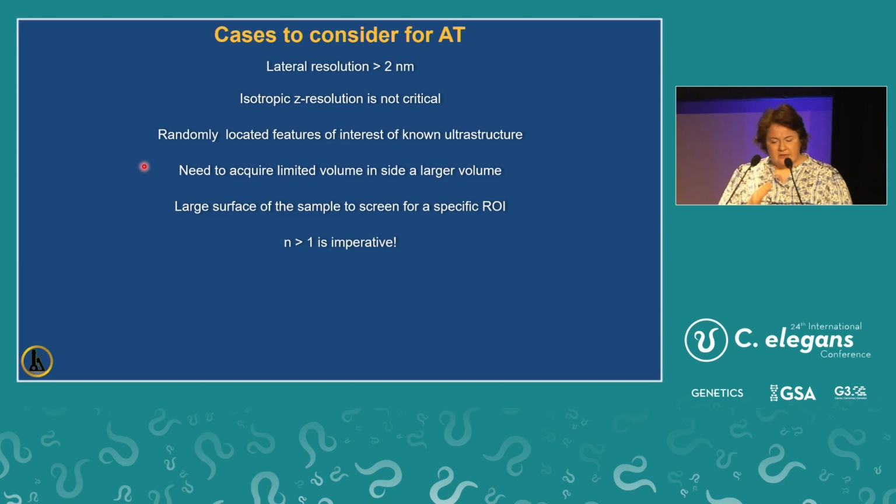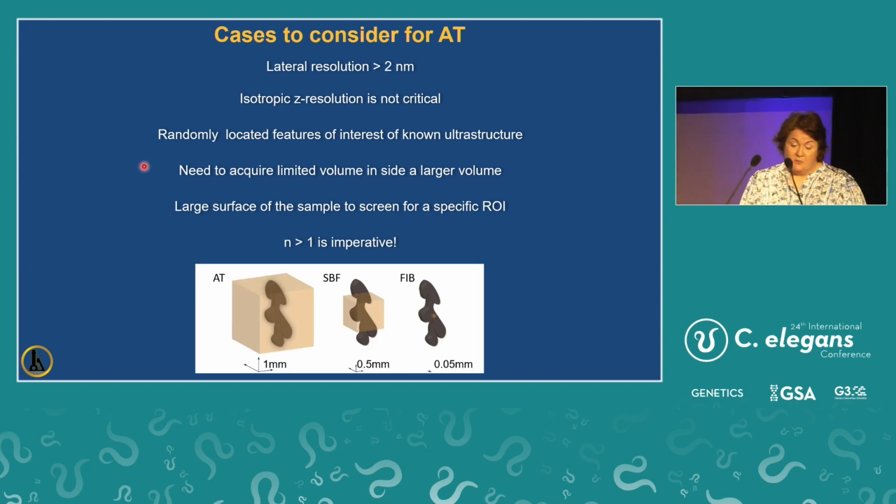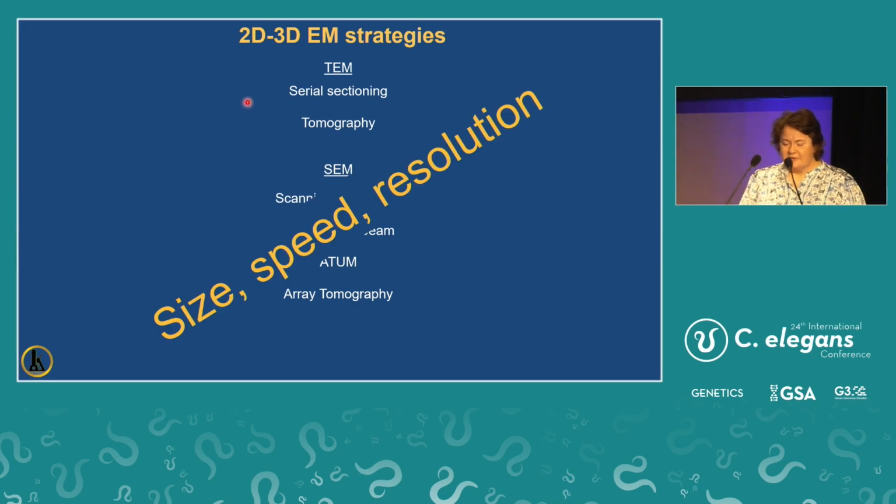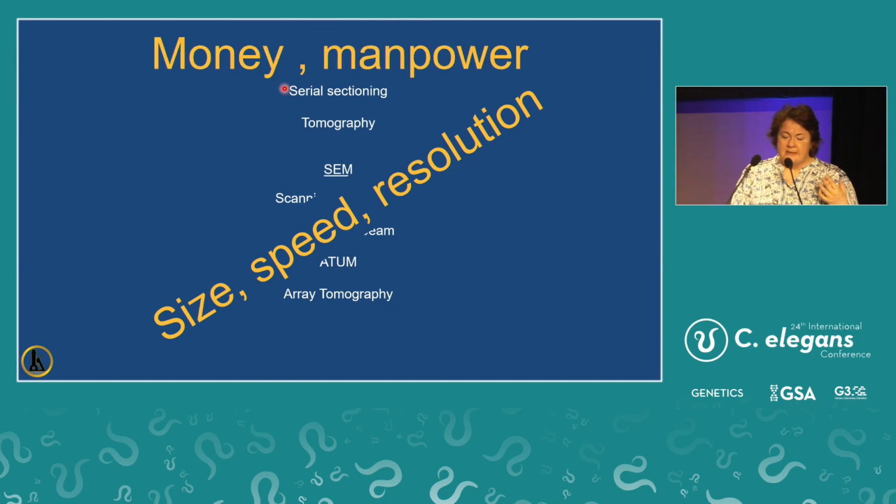It's a really great way of analyzing the samples. And basically, between all the strategies that we showed you, you can do a lot with either of them, or both, for the same question. The choice depends on the size of your region of interest, the speed you need the result, the resolution you require, in X, Y, and Z, and if you have money and manpower.